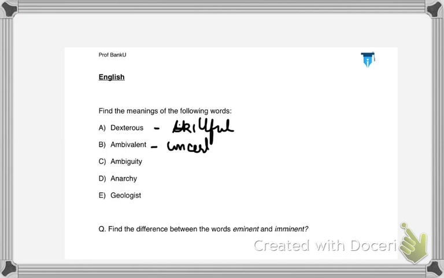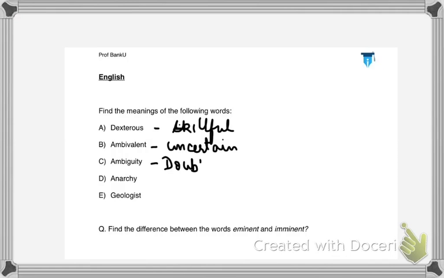Now the second word is ambivalent. Ambivalent means uncertain in terms of behavior, he can behave either way. Ambi means both positive and negative. So he or she is uncertain regarding behavior or tone.